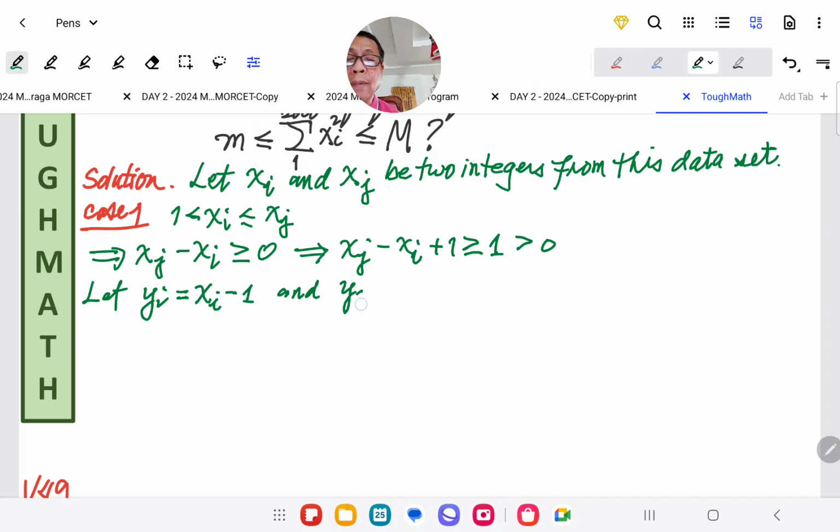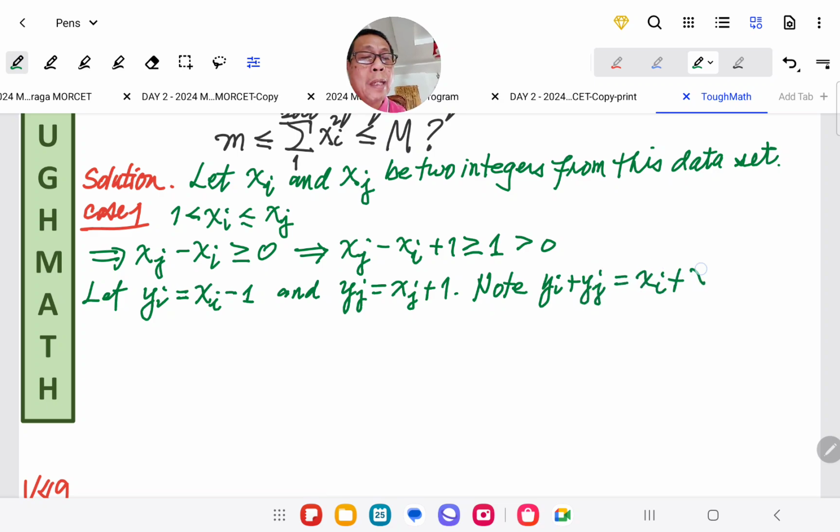And the other value, y sub j, is equal to the larger value plus 1. So note that their sum is unchanged. That is, y sub i plus y sub j is equal to x sub i plus x sub j.